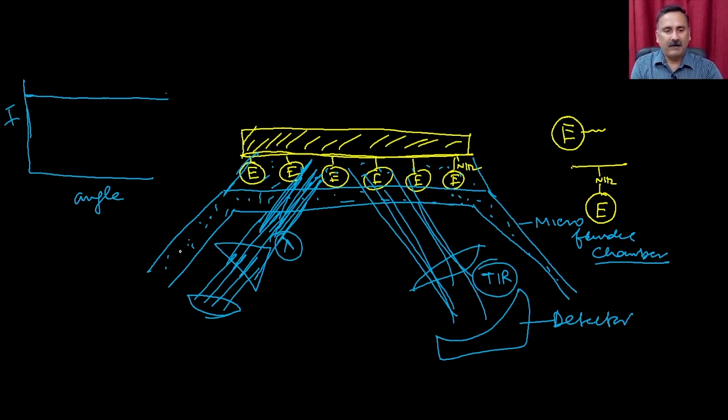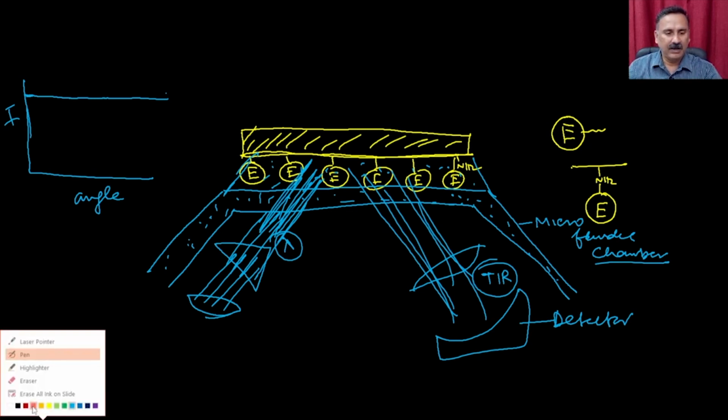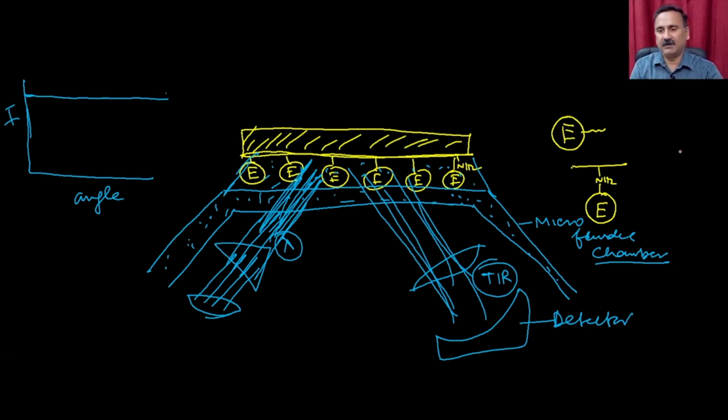Now what I am going to do is flow the analyte. Suppose I have a substrate molecule. So I'm going to flow the substrate molecule, and you have multiple substrate molecules. It will go and bind the enzyme.